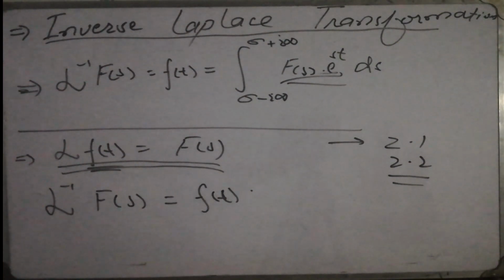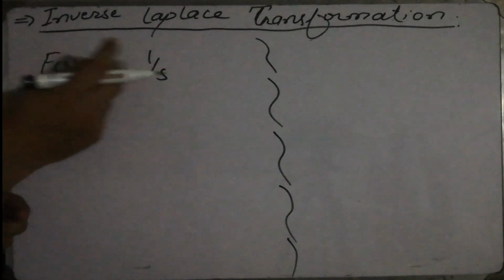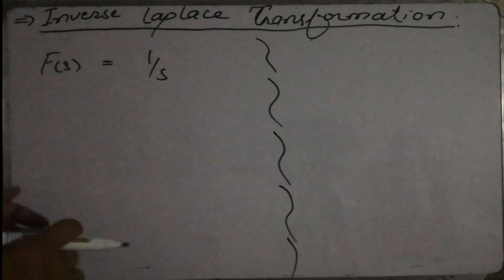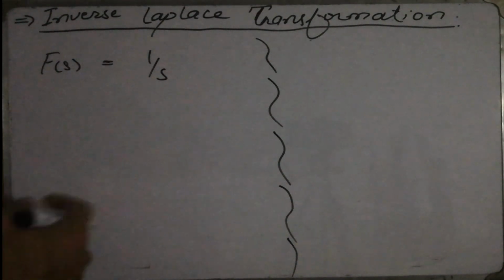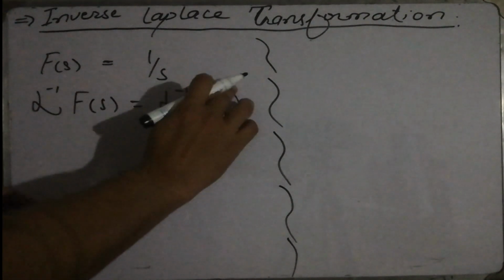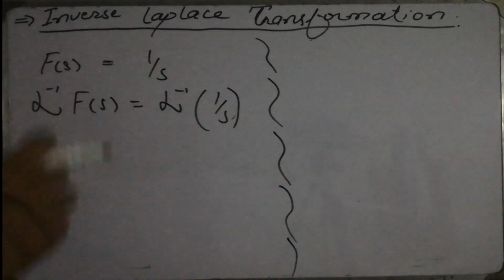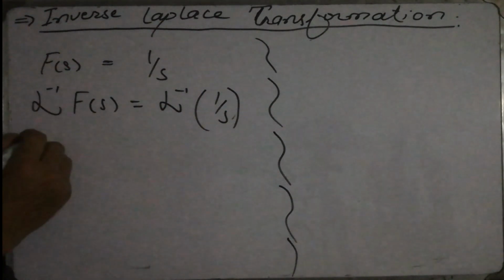Let's start with the most simple example, that is F of s is equal to 1 by s. If you are asked to find the inverse Laplace of this function, then we will try to look for this function in our table 2.1.